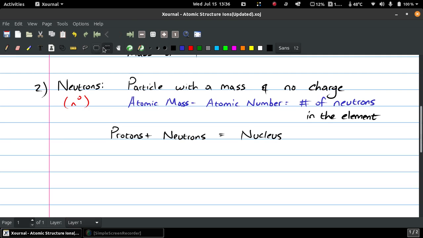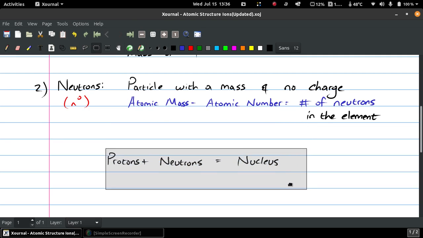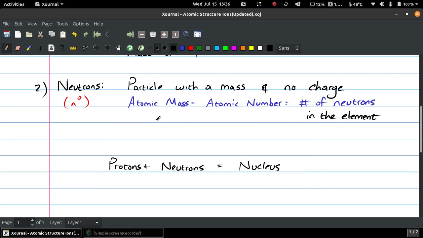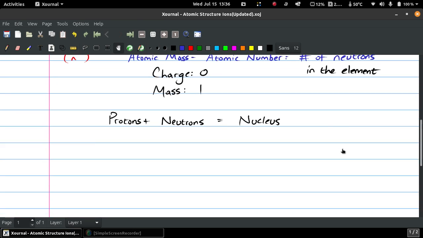Oh wait, and I almost forgot, I gotta write down, this has charge of 0, mass of 1. And then, again, protons and neutrons are the nucleus.